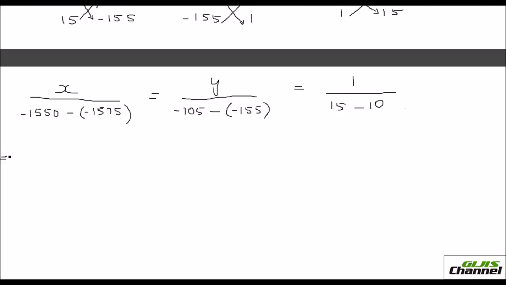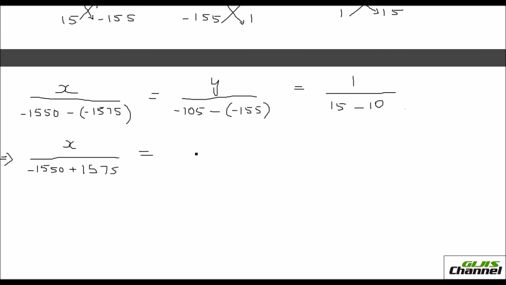So that implies your x divided by minus 1550, and here minus of minus will make it plus, so the sign becomes plus here, and that is 1575.